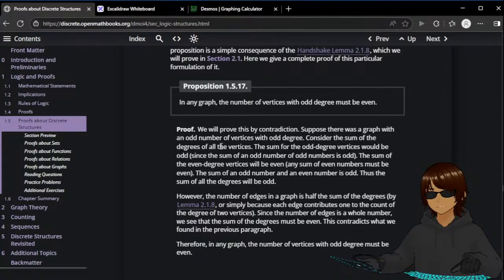Consider the sum of the degrees of all vertices. The sum for the odd degree vertices would be odd. Suppose there was a graph with an odd number of vertices with odd degree.